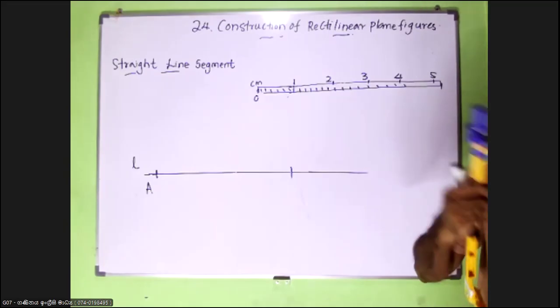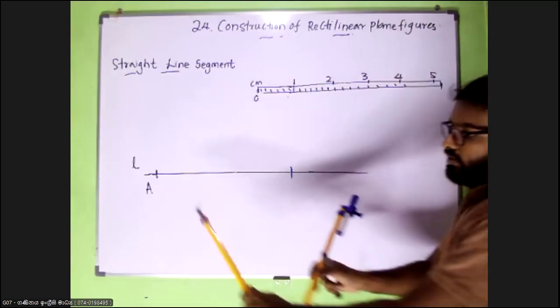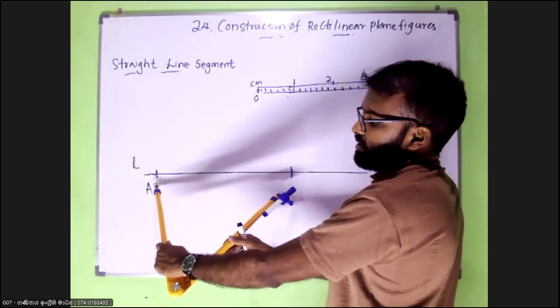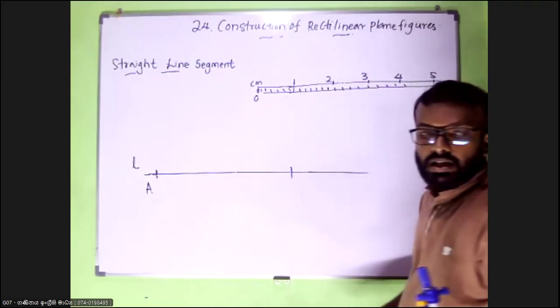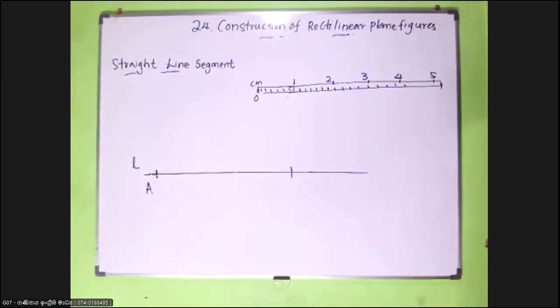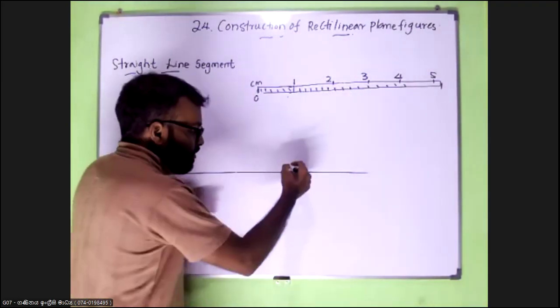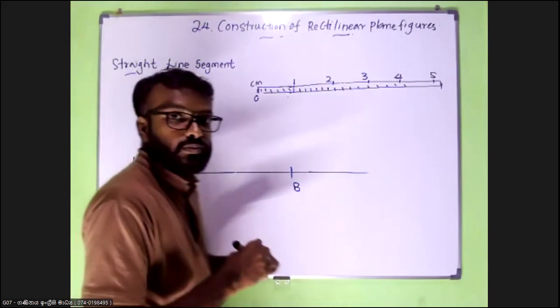Take the 4 centimeter length like this, then place the point of the compass here and mark a point on the straight line like this. Did you do that? Yes, sir. So you have to mark this point as B.